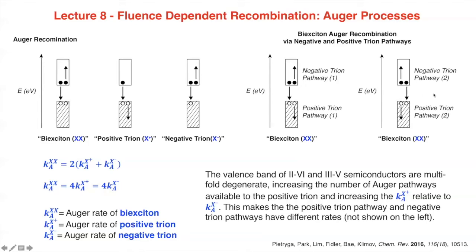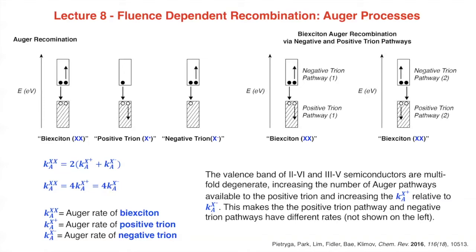So there's 2 ways to write out the negative trion and positive trion pathways. So the biexciton Auger recombination probability turns out to be twice the sum of those, which in a world where the negative and positive trion rates are equal, is just 4 times the trion rate. Okay, so Auger recombination from a biexciton is about 4 times faster than Auger recombination from a negative trion.